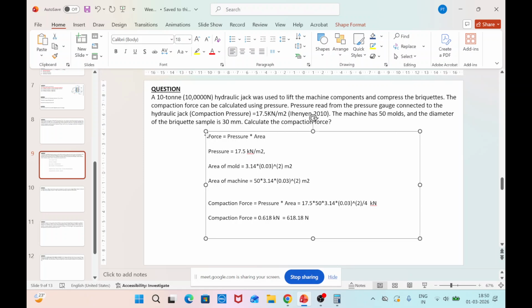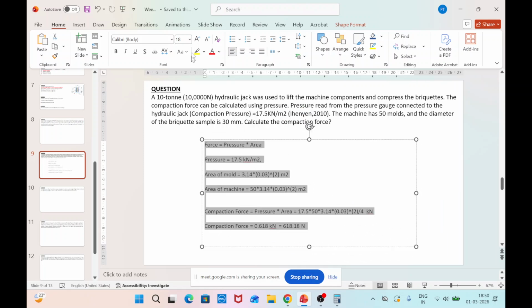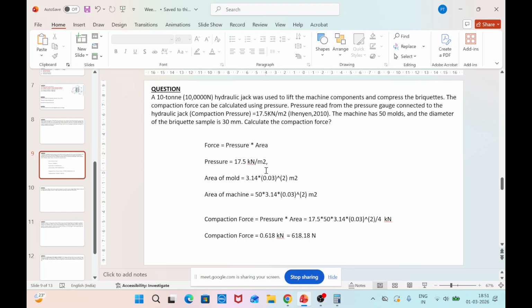So the compaction force is 0.618 kilonewton or 618.18 Newton. I hope there won't be much doubt related to this. If you have anything, please feel free to ask, or else we can move forward to the next question.